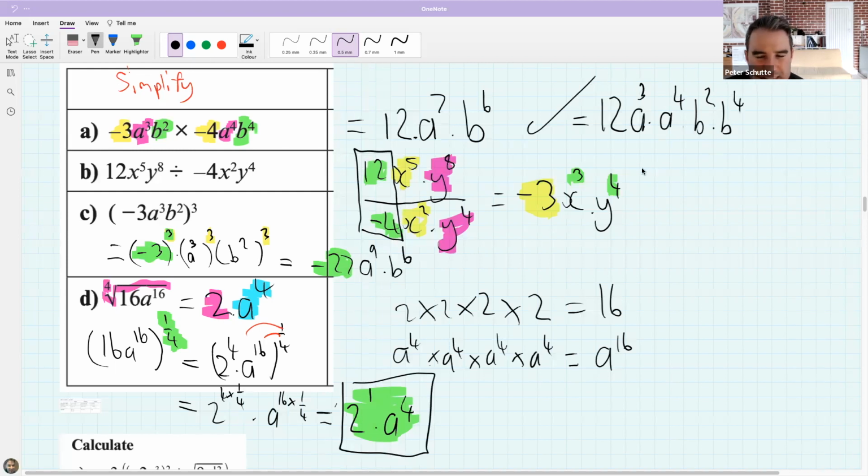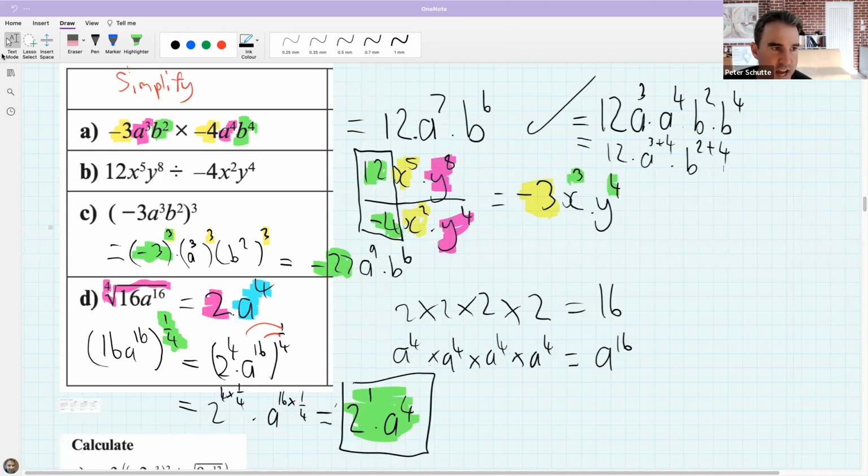Would you agree with me? Yes, sir. So now the bases are the same. What we do is we simply add the powers. So for A, we add that, and for B, we add the powers. Does that make sense? Yes, sir. Perfect. Thank you. Awesome. I'm glad I could help.